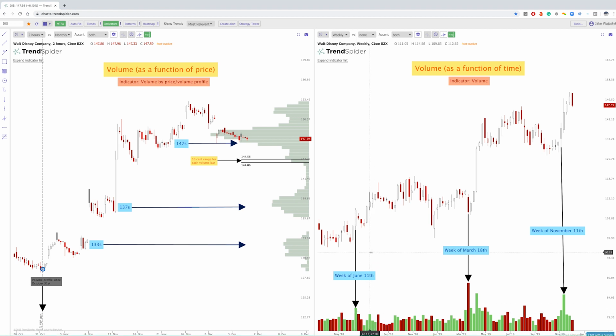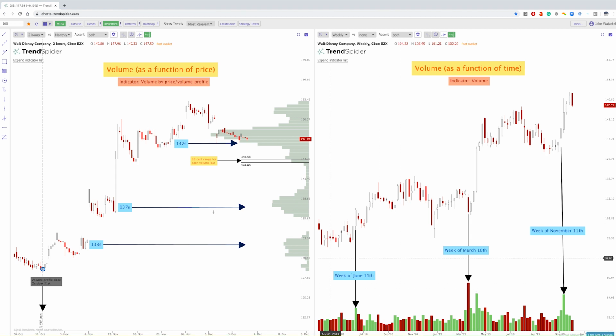In this case, we're looking at a weekly candle, so each one of these bars represents 1 week of volume, the number of shares traded in that particular week. Rather than the shares traded at that particular price, we're focusing on the number of shares traded in that week. Or let's say we're looking at the 30-minute candle, the number of shares trading in that 30-minute increment.